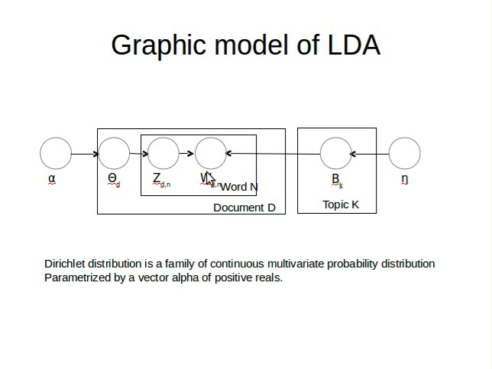This is the imaginary process, because in reality, what we already have is the set of bags of words. What we don't have is the topic information and the distribution of topics and the assignment of a topic to each word of the document. But in the generative probability model, we swap the information that we know with the information that we don't know.